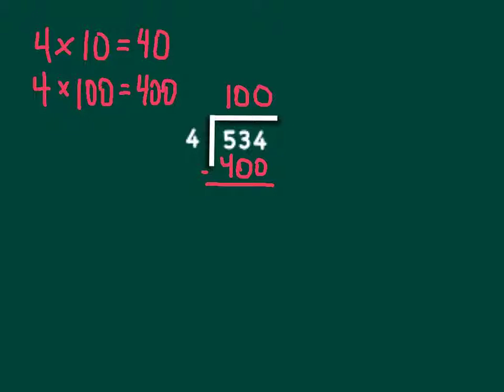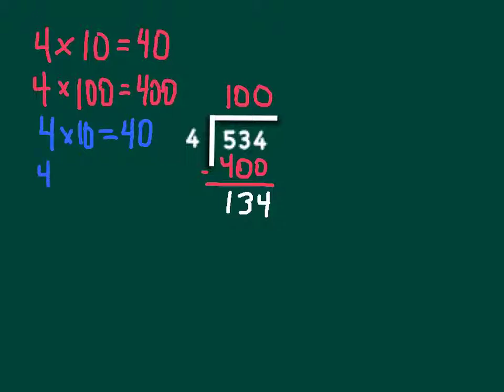Next, we need to calculate how many pancakes remain to be placed on plates. By subtracting, we find 134 pancakes remain to be plated. By using our basic understanding of 4 times 10 equals 40, we can multiply by multiples of 10.